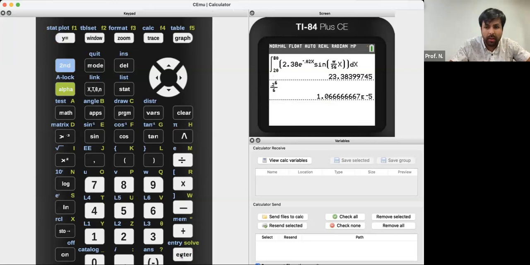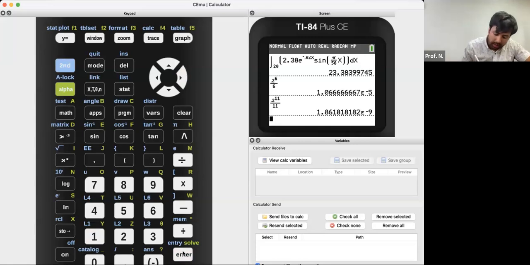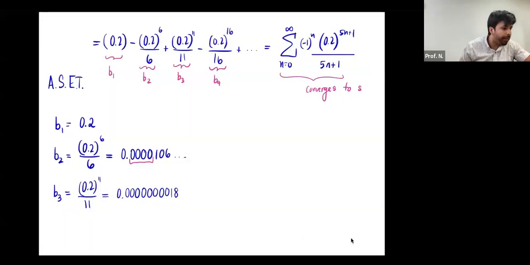I enter 0.2 raised to the 11th power over 11, and I get 0.00000018, that is 8 zeros... So let me just switch back. So these are my terms.